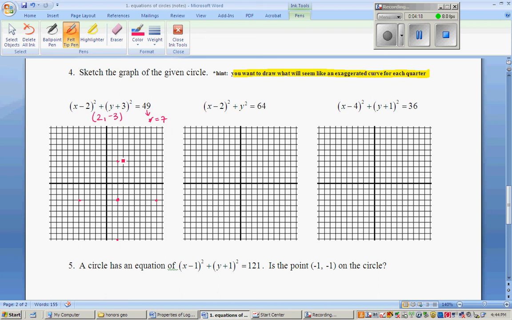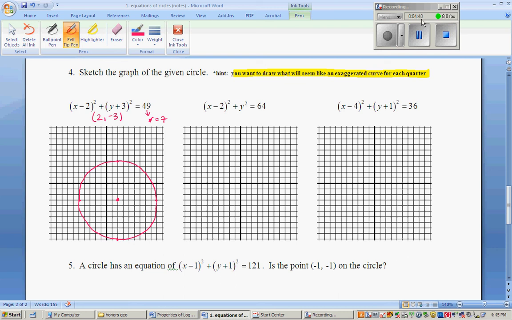And now, if you don't have a compass, just do your best to make this as big of a curve as you can. It'll seem like you're going straight down, but it will make it look a little bit better. Otherwise, you end up with what looks like a diamond. And there we are. So you'll try the other ones as well.